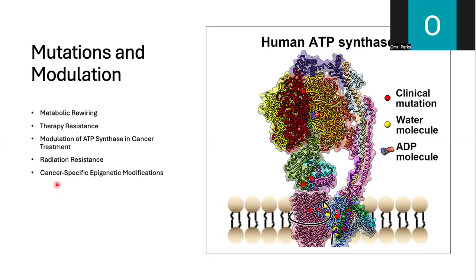Those were found to be resistant to trastuzumab therapy, which is a therapy for breast cancer. I would like to end on talking about the epigenetic modifications. The group found that epigenetic regulation of ATP synthase subunits, whether down or upregulated, is a key mechanism for understanding their therapy resistance in cancer.